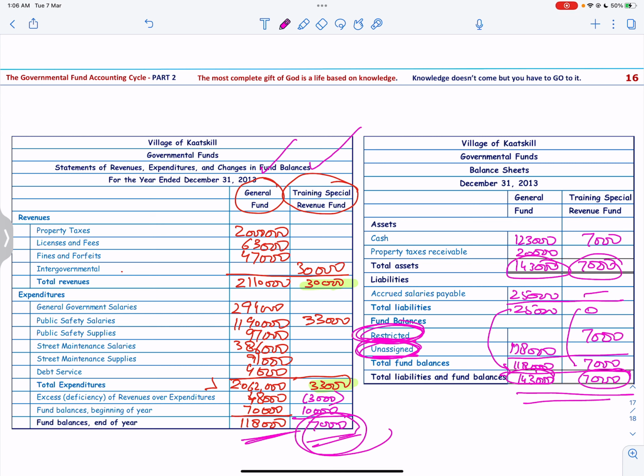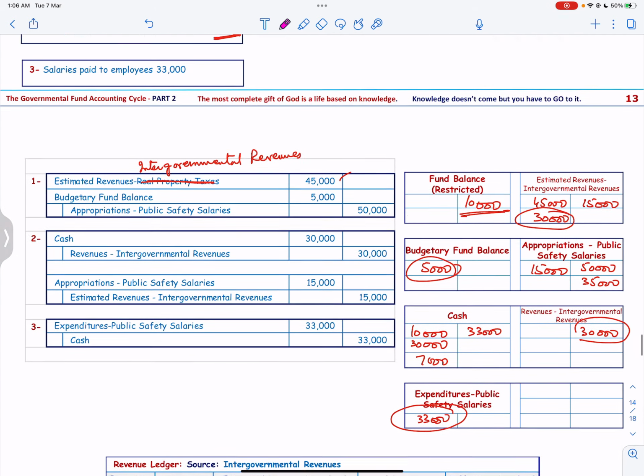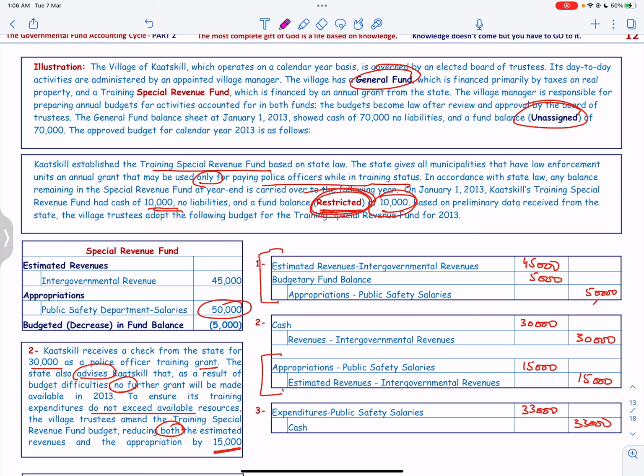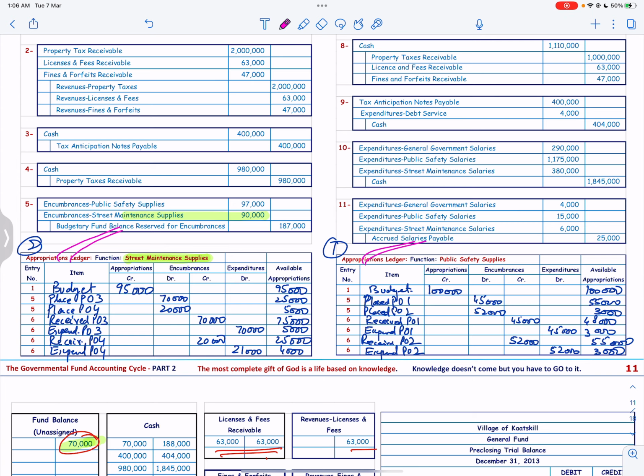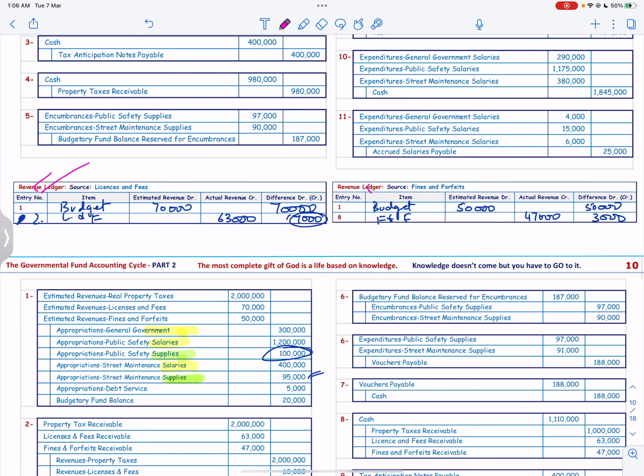For both the funds, first the adopted budget is recorded, that is the estimated revenues and appropriations. You can see first we record the estimated revenue and appropriations. Then the budgetary control ledgers are made for estimated revenues and appropriations, as we have done over here. Then encumbrance entries are recorded first on any purchase.